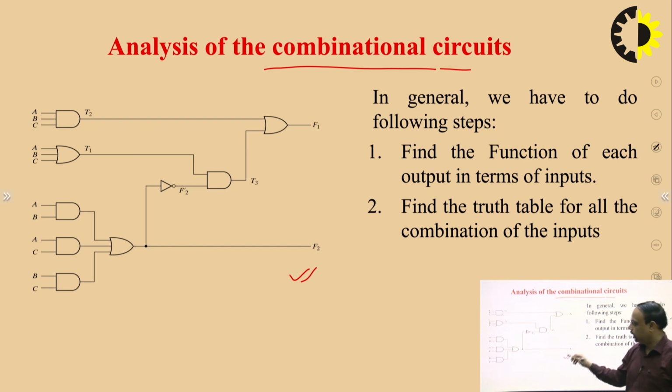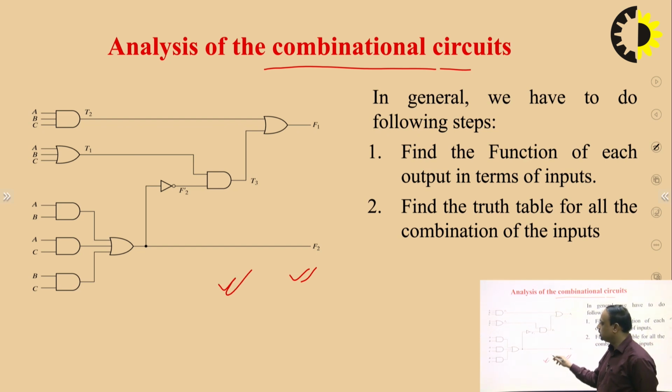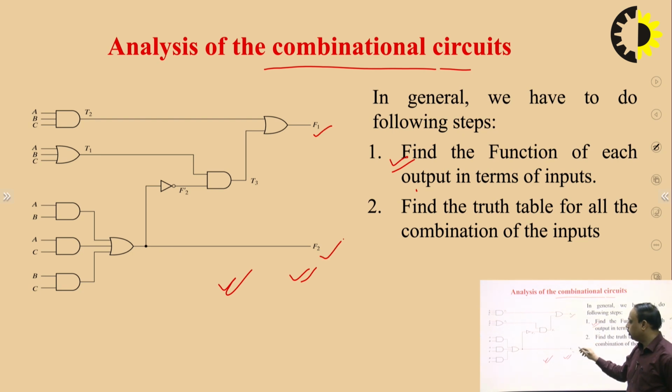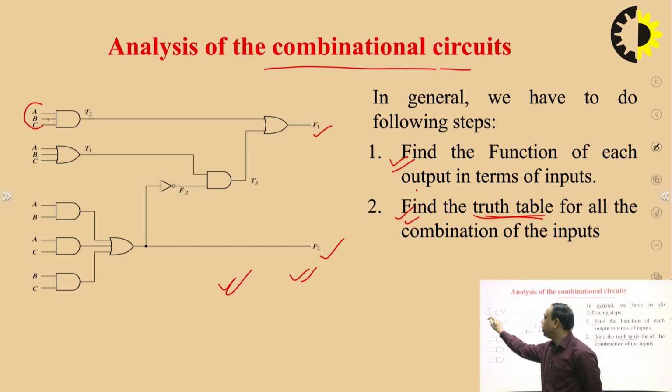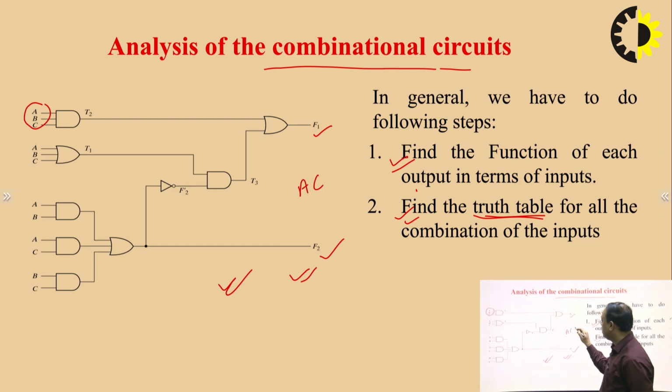First, let us take an example of a given combinational circuit and analyze it. We have to produce two things: the functions at the outputs, and the corresponding truth table of all the possible combinations of the inputs. Here A, B and C are the inputs, and there are two outputs, F1 and F2.